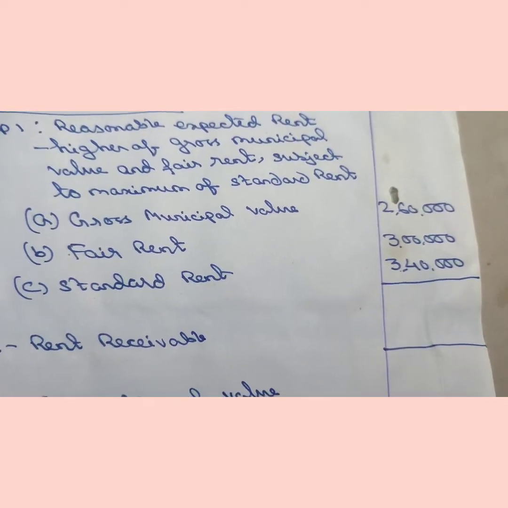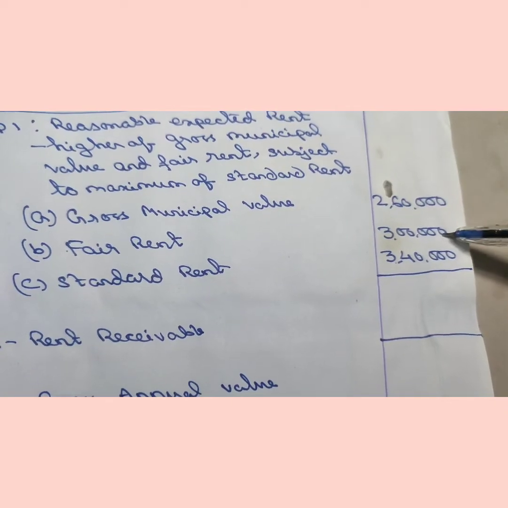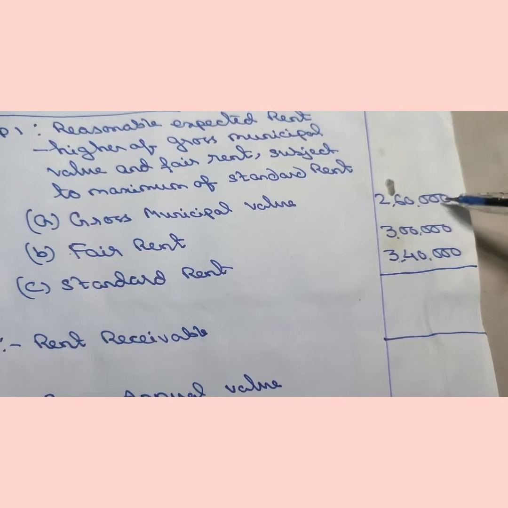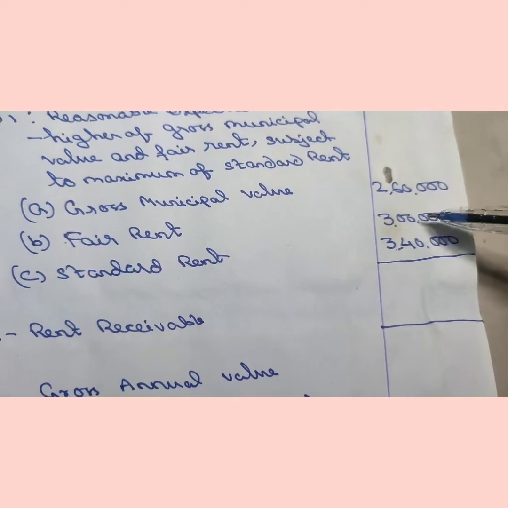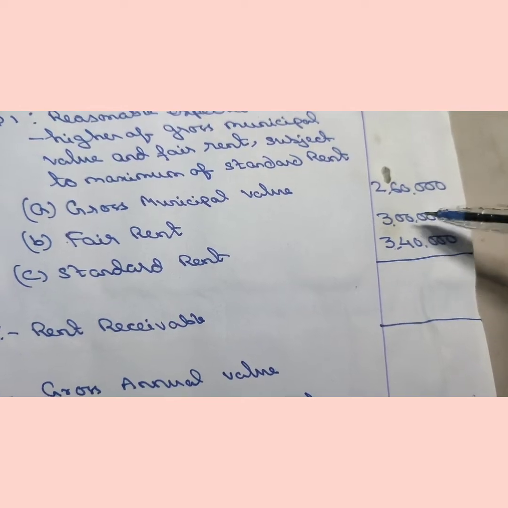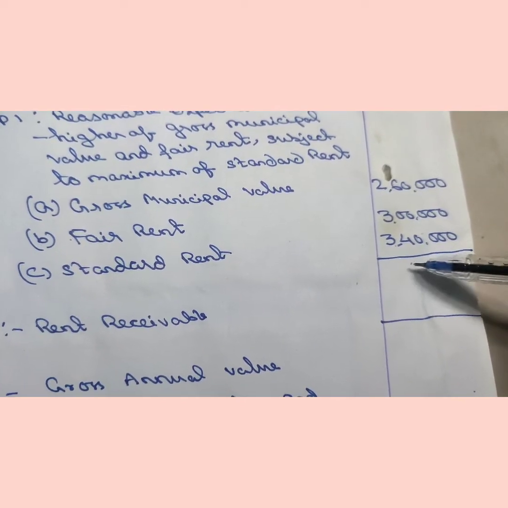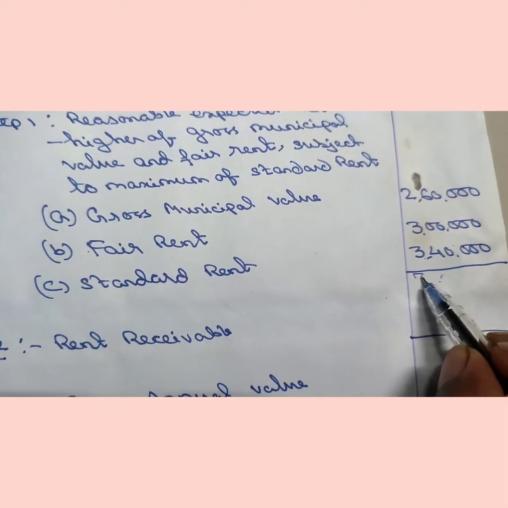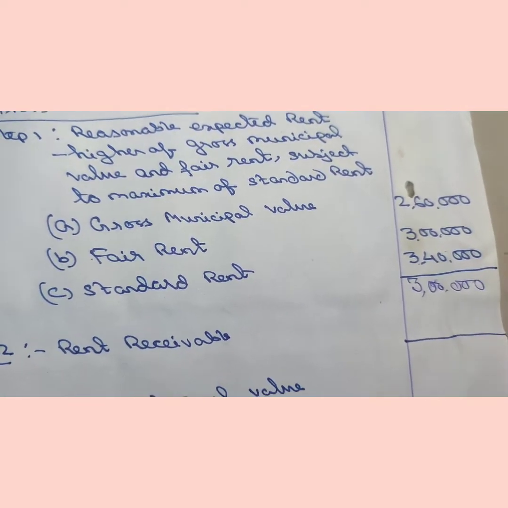It is not given here. So you have to compare this gross municipal value and fair rent. Which is higher? This 3 lakh is higher, and it cannot exceed standard rent. Here it does not exceed standard rent. So the reasonable expected rent will be rupees 3 lakh.